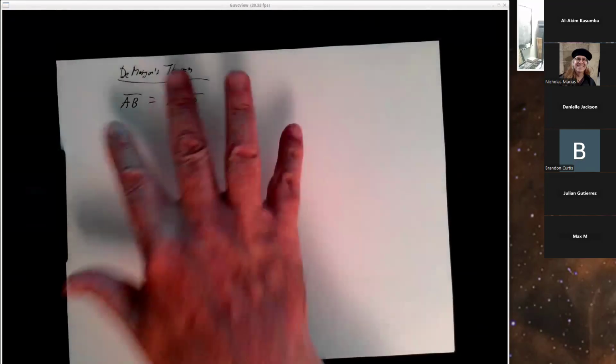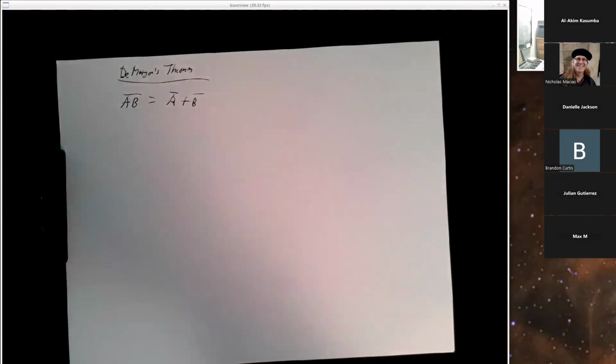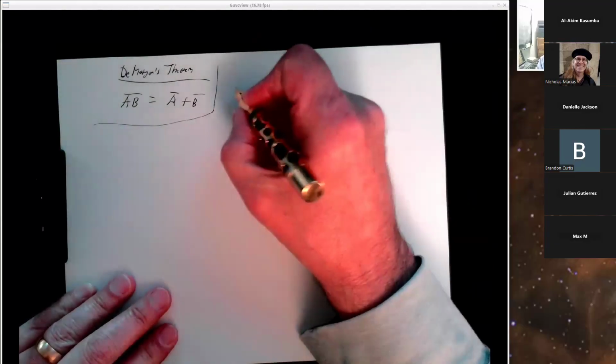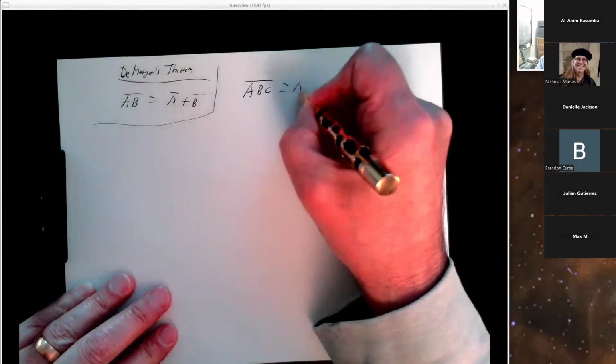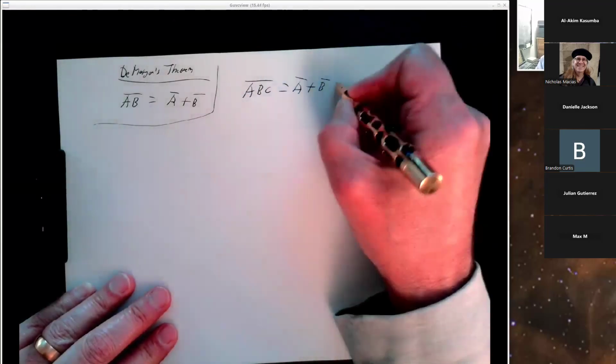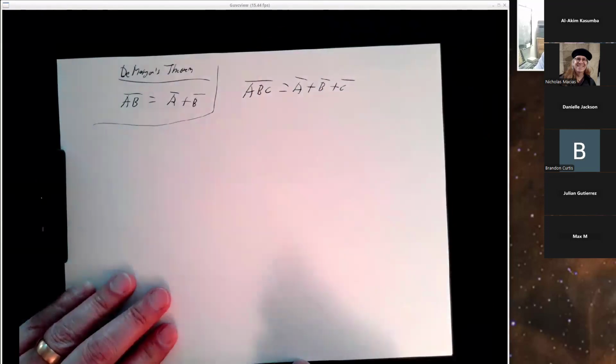So suppose we know that this is true. We're given this, someone told you, and we know that this is true. So there's a version of this for three variables. This is also true.